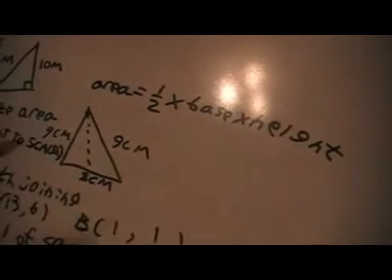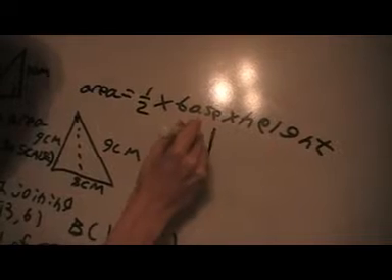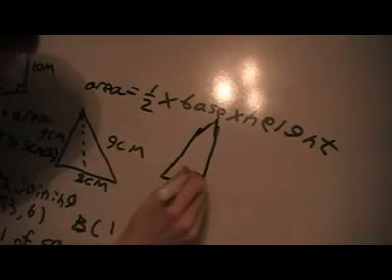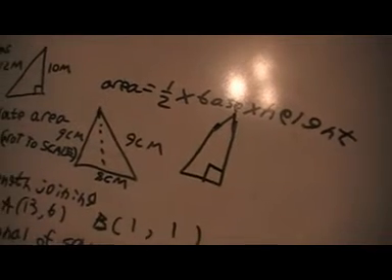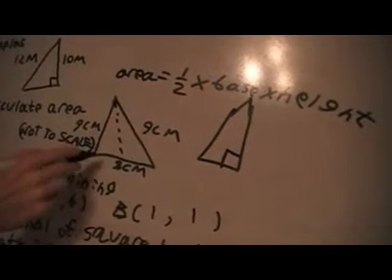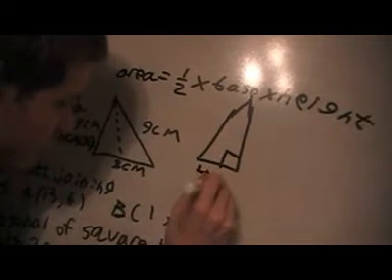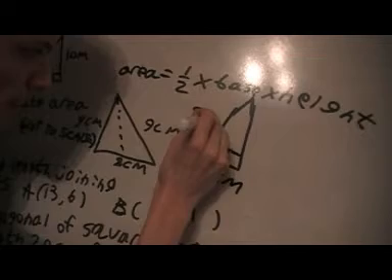Because this is isosceles, we can break it up into two using the dotted line as I've drawn on the diagram there. So now we've got a right angled triangle. Now be careful, with half this line, so this bit becomes 4 centimeters, and this bit here is 9.